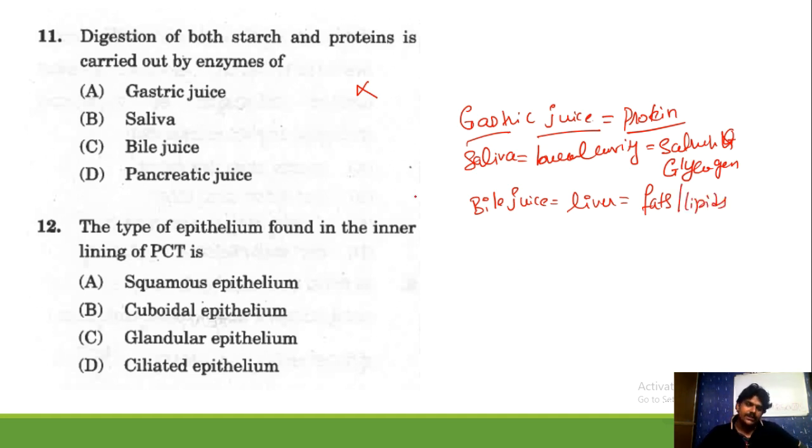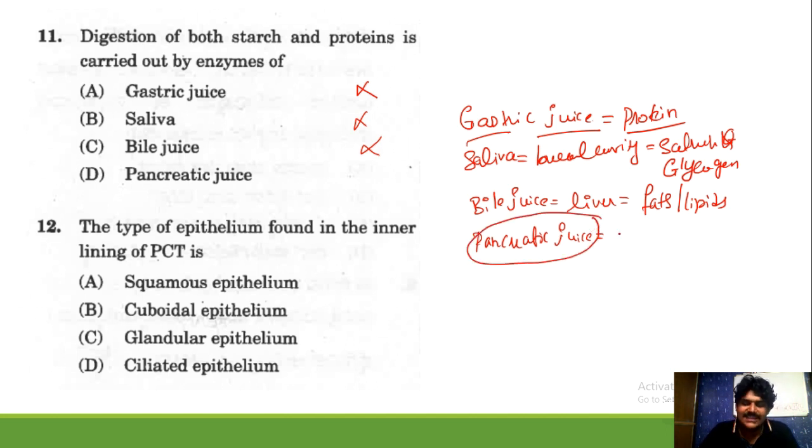So only one option is left with us, that is pancreatic juice. Pancreatic juice is a combination of different kinds of enzymes, that's why it is called pancreatic juice. For example, steapsin in the pancreatic juice emulsifies the lipid during the digestion of lipid.